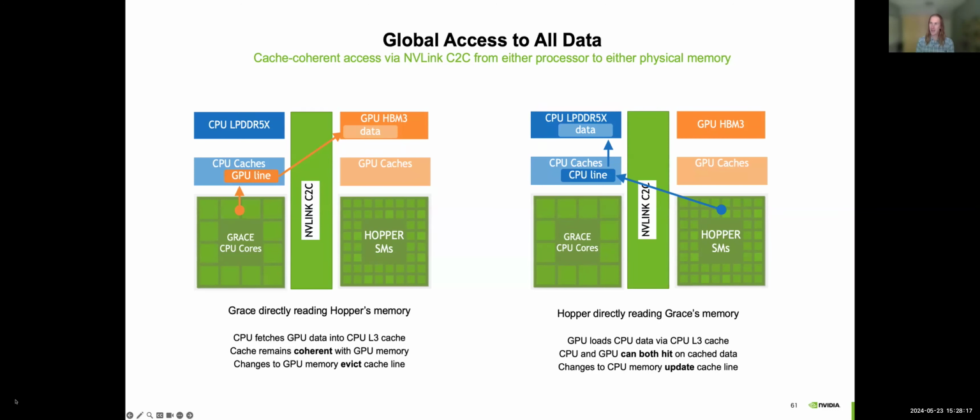Now, if you flip that and you have GPU threads accessing the CPU data, it again caches on the CPU L3. And this is because in the use cases we've seen, this is the optimal way to do this. Usually a GPU will work most on HBM data. And so if it's reaching into CPU side data, it's sort of spilled out of GPU, right?